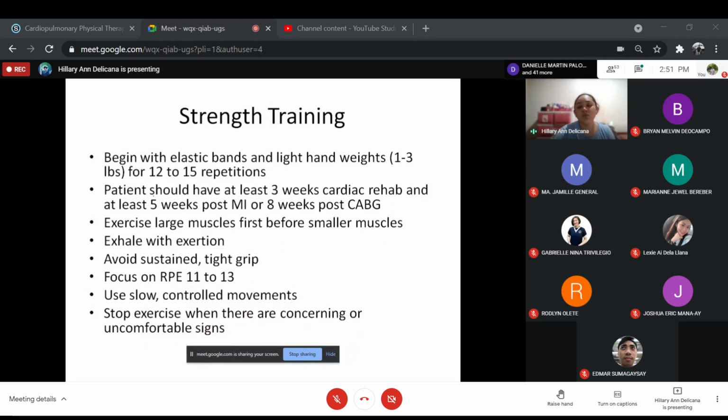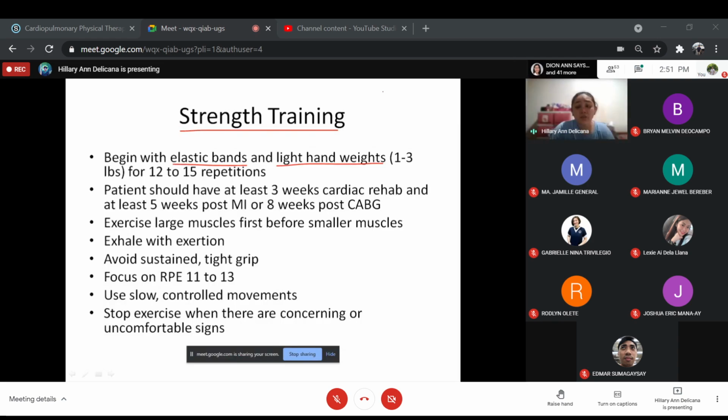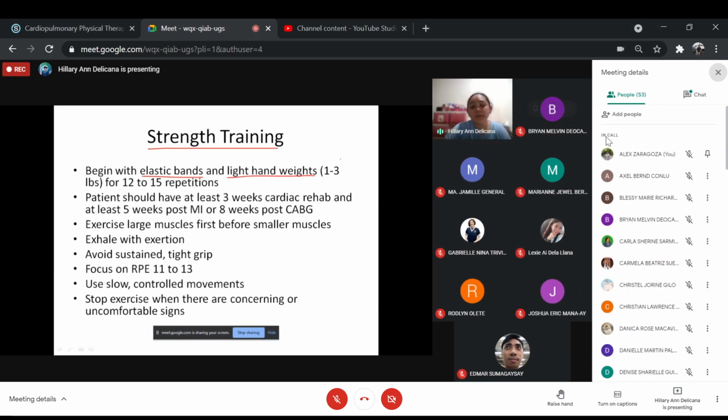Okay, so next, the patient is now an outpatient, so we can introduce strength training. Usually we begin with elastic bands. If you can still remember, our TheraBands, usually the thin ones. We start with the light, and then light hand weights, free weights, dumbbells.